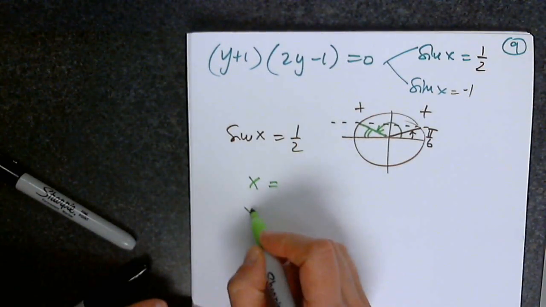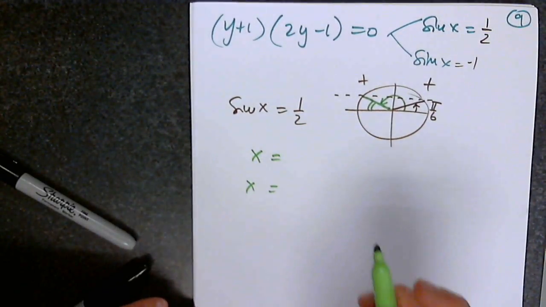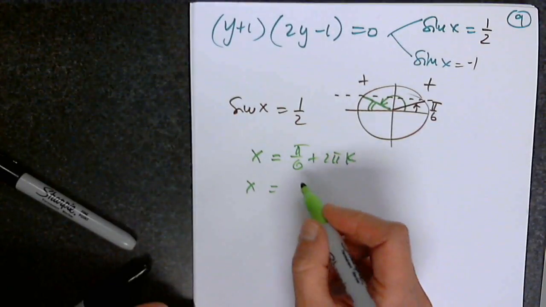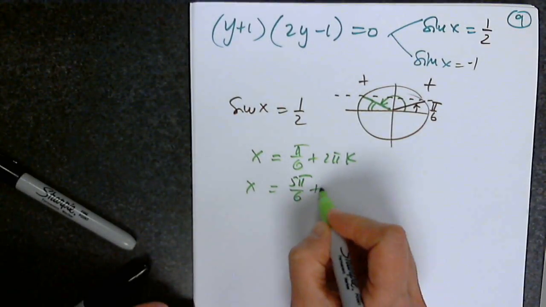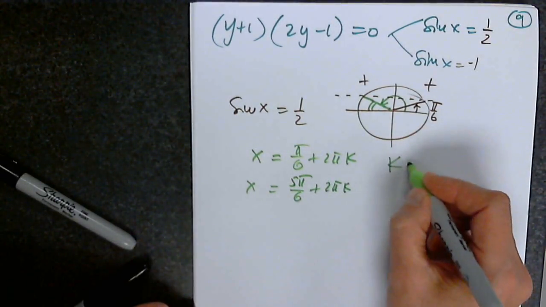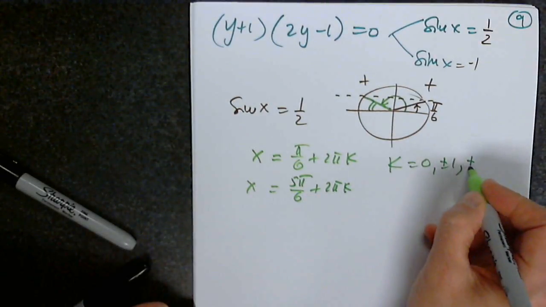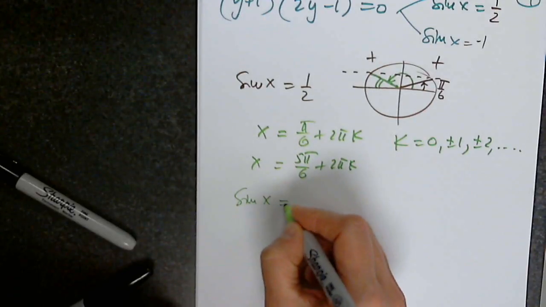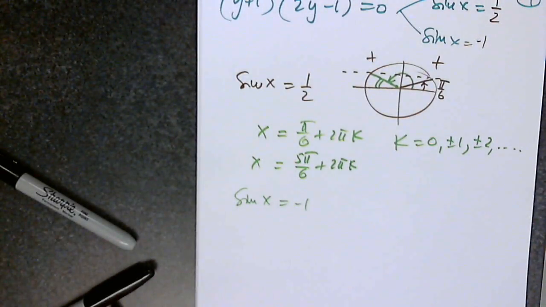So then x has two options, and they are, one more time, pi over 6 plus 2 pi k. And the other one, indeed, 5 pi over 6 plus 2 pi k. I always have to identify what k represents. And I have one more equation to solve. Where is sine -1?